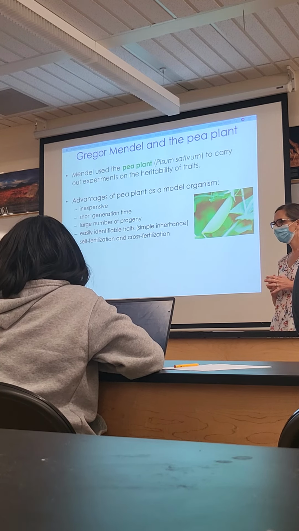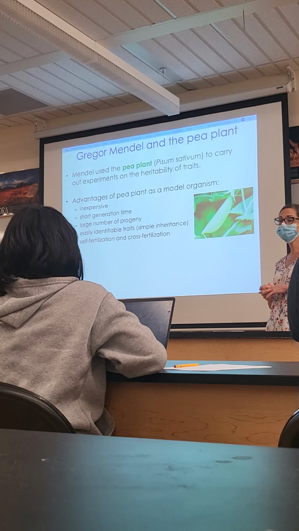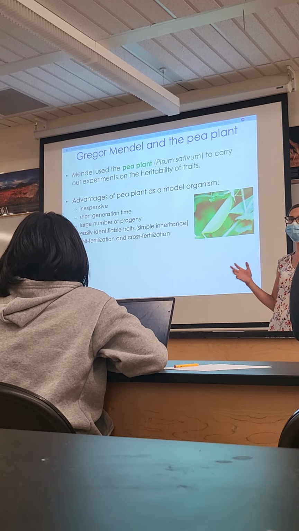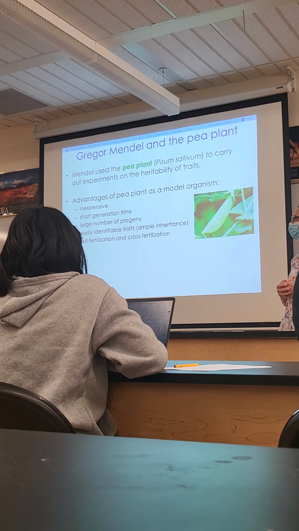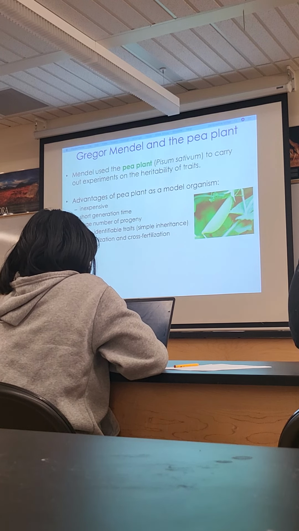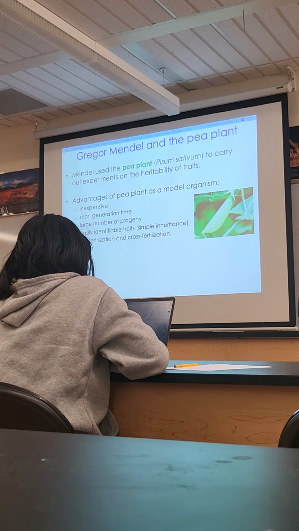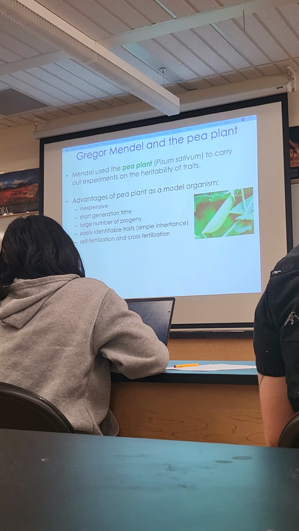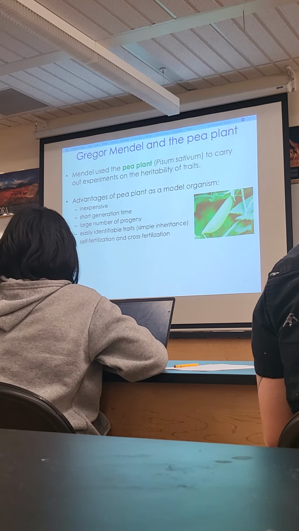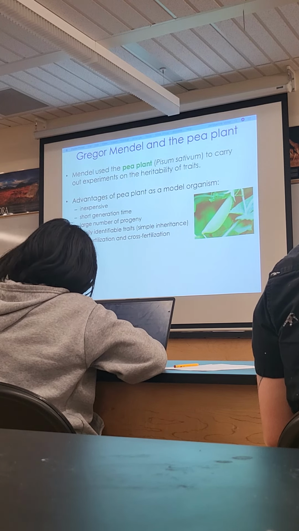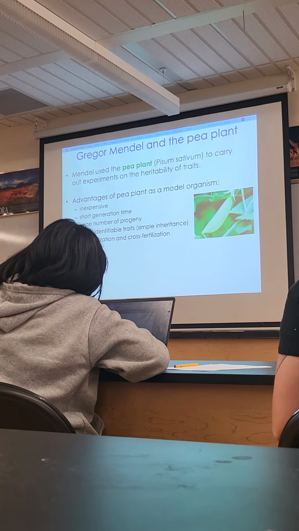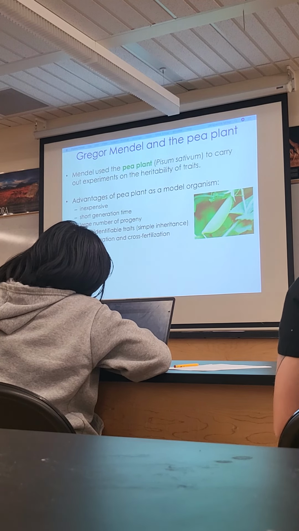Larger sample size. Yeah, so for statistics, the larger your sample size, the more meaningful your data is, right? So that's why if we were to do genetic experiments with cattle and they only have 1 to 2 progeny at a time, we're not going to be able to make conclusions about how things are being inherited very easily.